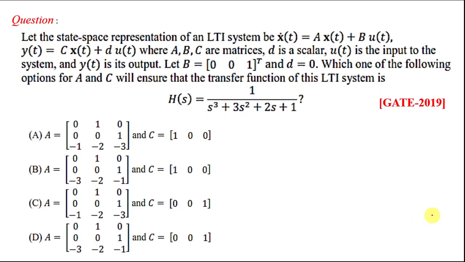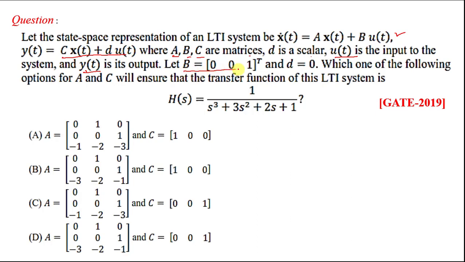Now consider the second question, which is from GATE 2019. Let the state space representation of an LTI system be given by this equation, and the output equation by this equation, where A, B, C are matrices and D is a scalar, u(t) is the input to the system, and y(t) is the output.